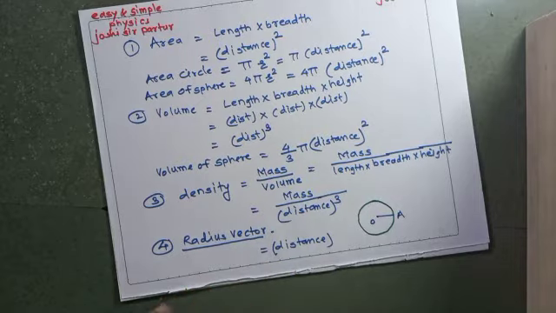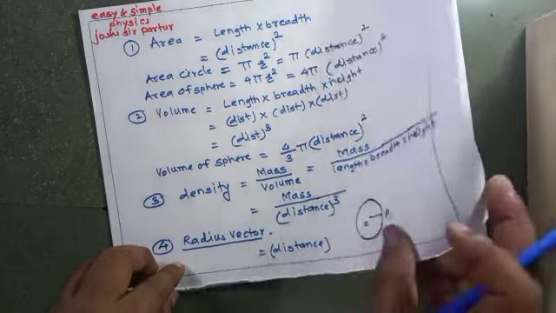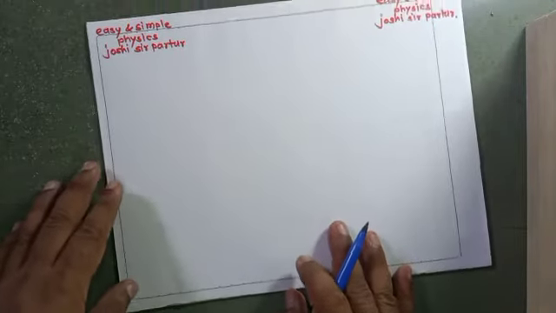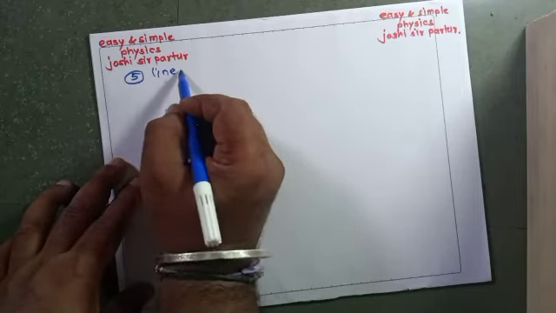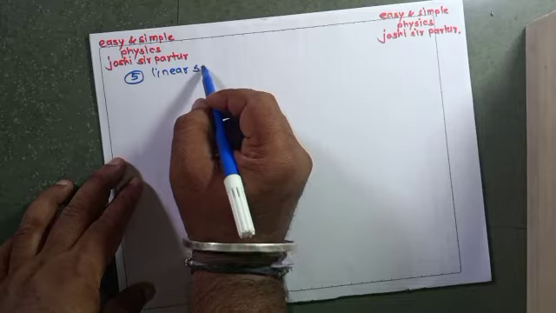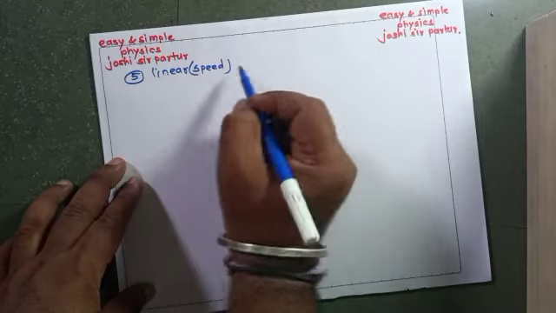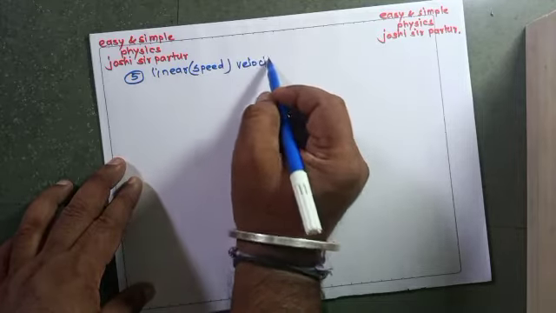So radius vector or radius will be distance. Next, the fifth physical quantity is linear velocity. Sometimes it is also called linear speed or linear velocity.